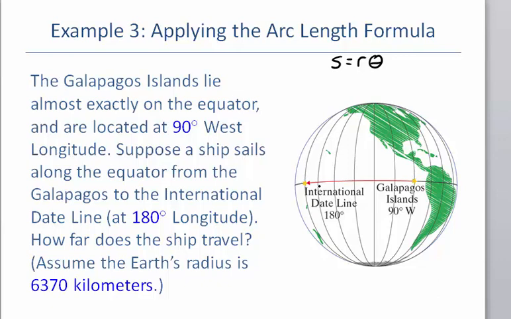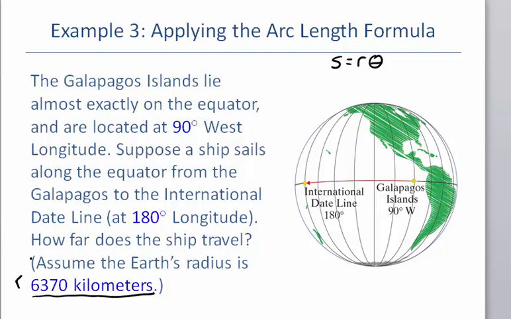And we want to know if a ship travels in between these two yellow dots, how far does it travel? And so you can think about the equator of the Earth being like a circle. All right, and we are given the radius of that circle to be 6370. So we know that this is the R value in our formula.